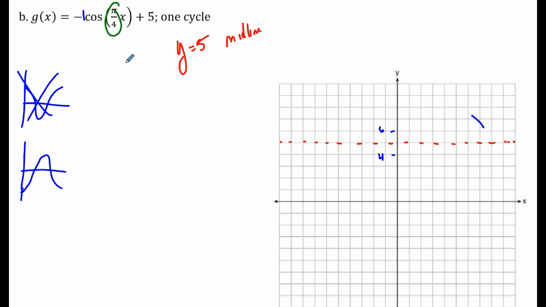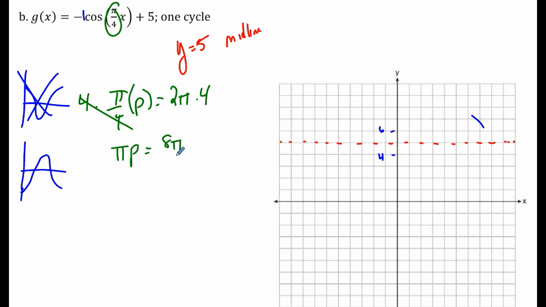The frequency is pi over 4 times the period equals 2 pi. So times 4, pi times p equals 8 pi. So my period is 8 units long. The period of this cosine curve here is 8 units long. So you have 2 options here, and I'll show you both of them. The first option is to just graph the 4 points like we always do.